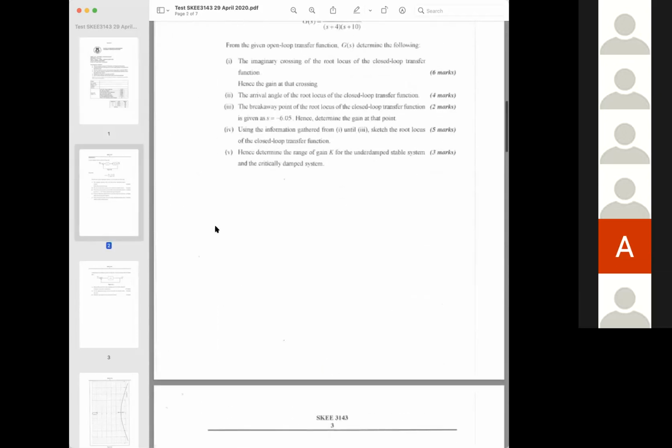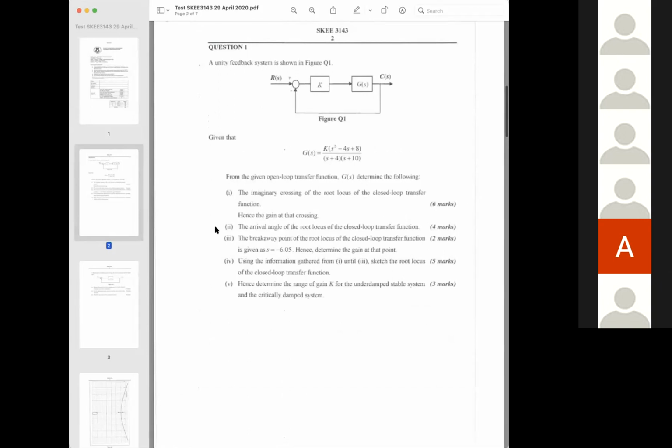Okay, Telpen, can you read question number 1, please? Okay, Doctor. The unity feedback system is shown in figure 1. G(s) equals K(s² − 4s + 8) over (s + 4)(s + 10). From the given open loop transfer function G(s), determine the following. 1.